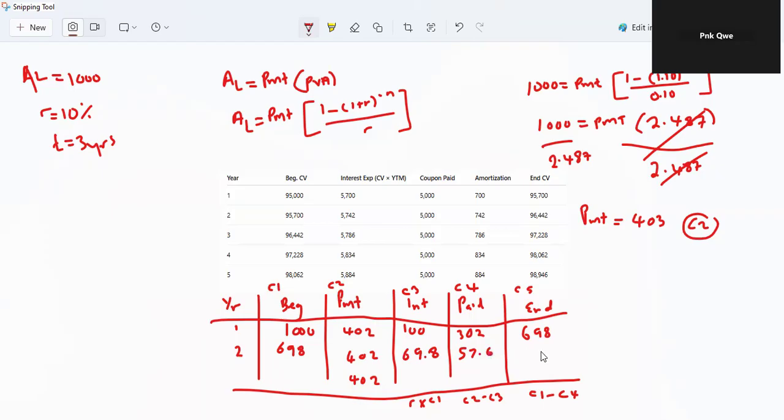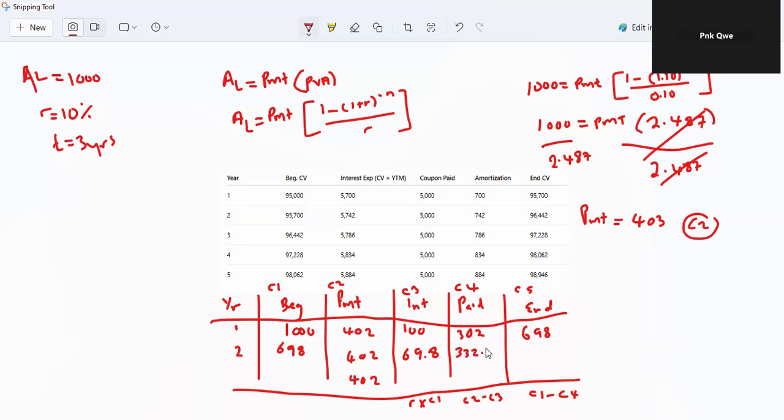Is that figure accurate? It can't be; that value is wrong. 402 minus 69.8 gives us 332.2.